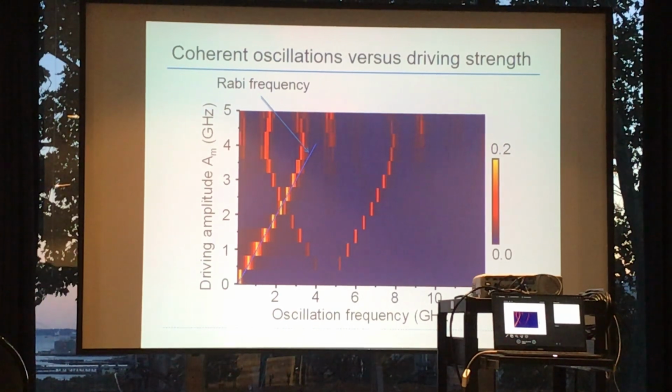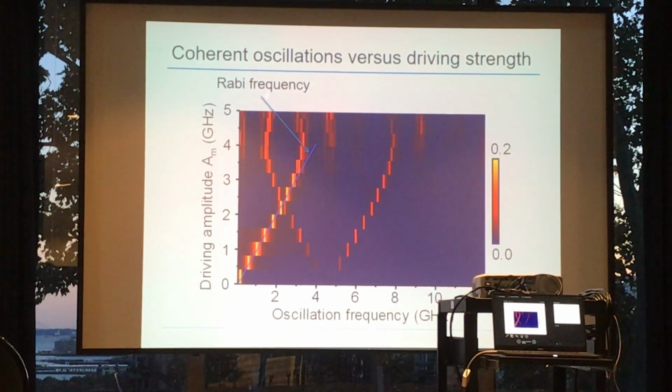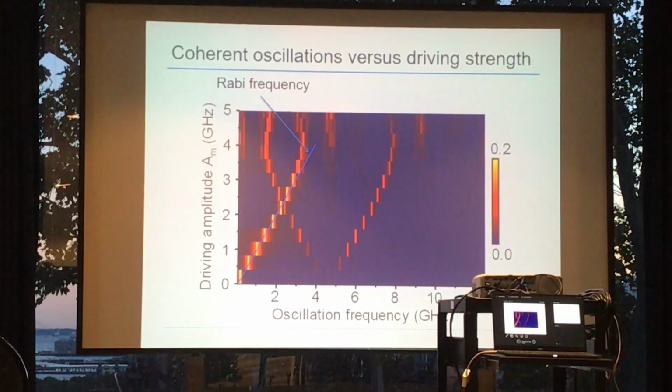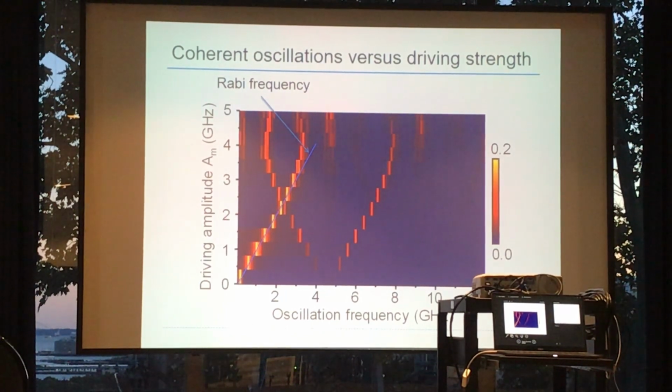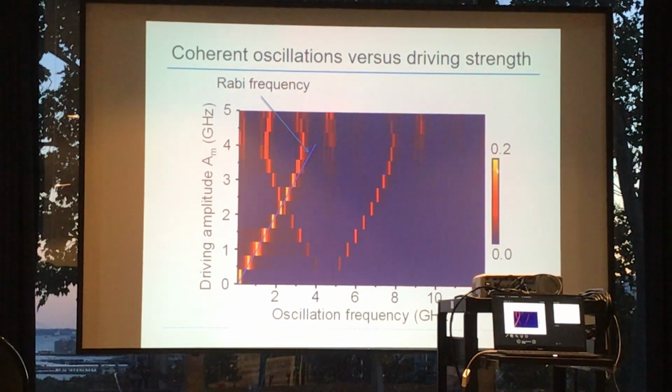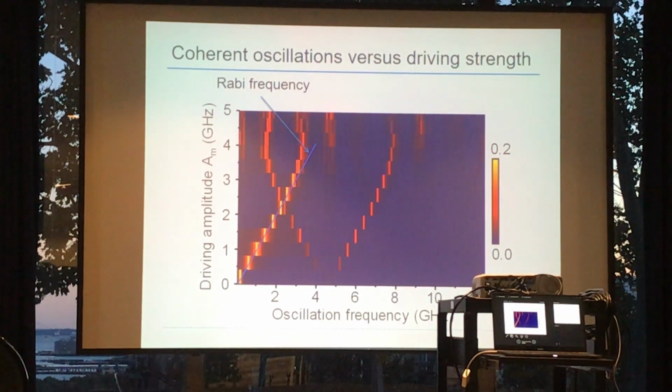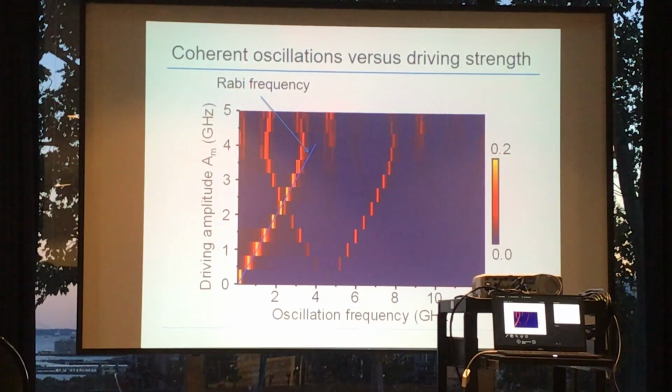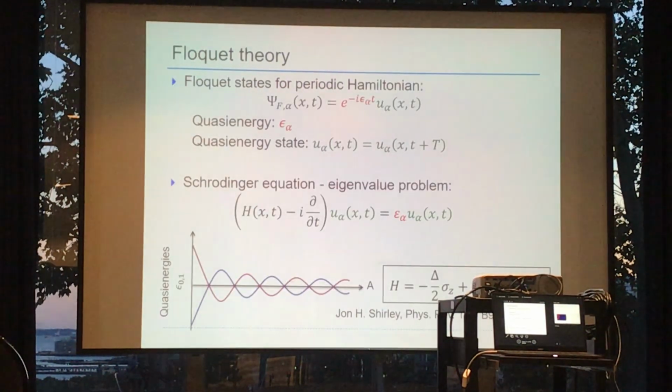So this axis is the driving strength, so this is how strong the pulses are. This axis is the frequency in the Fourier transform we take to analyze the oscillation. And the color scale here is the amplitude of different components in this oscillation spectrum.